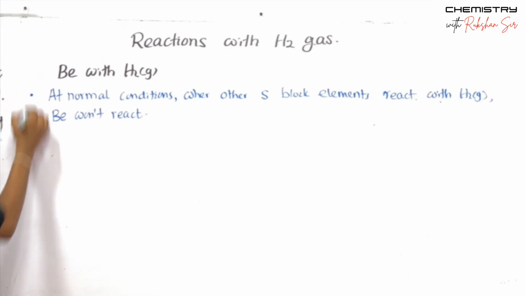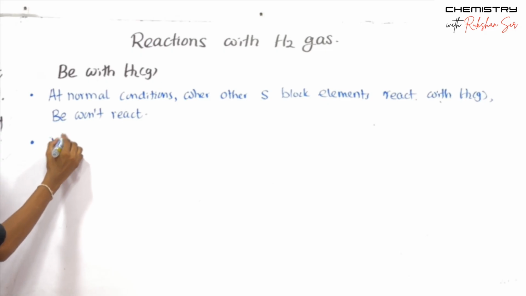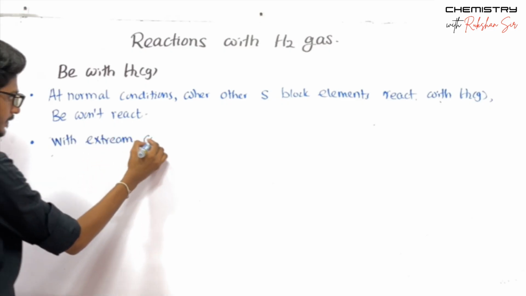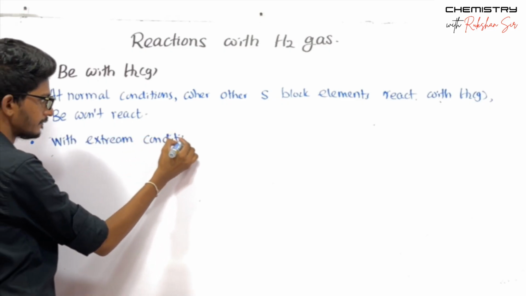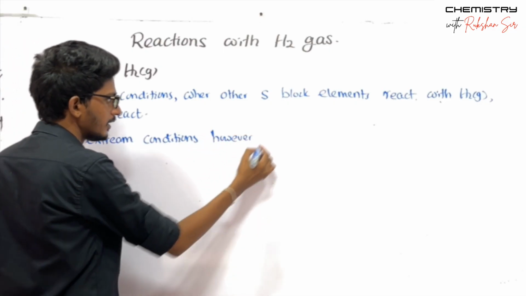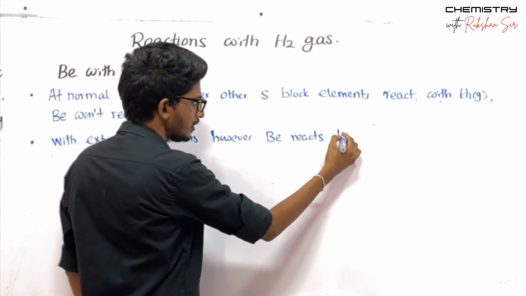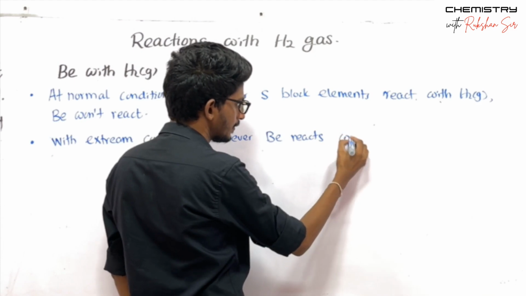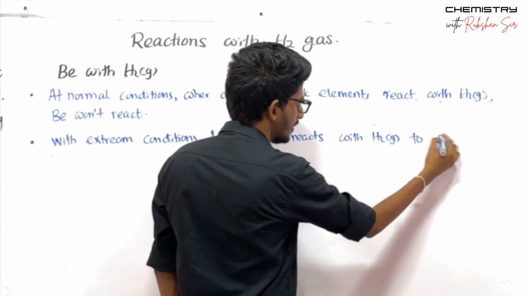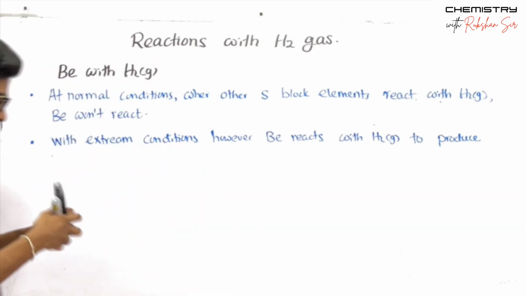The second one: with extreme conditions, however, beryllium reacts with H2 gas to produce a kind of covalent hydride.